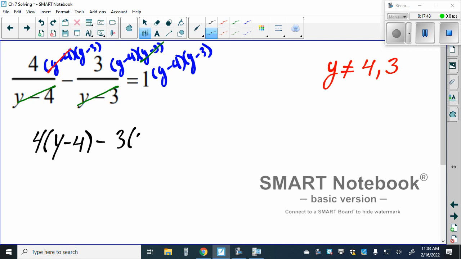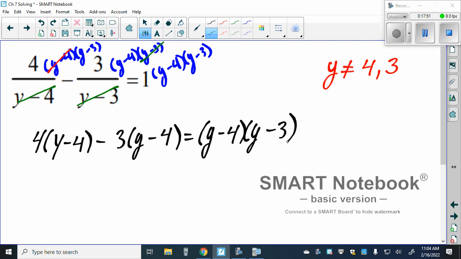Minus 3 times y minus 4 is equal to y minus 4 times y minus 3. Now on this one here, we need to be careful, especially if you went on and multiplied it out, because the middle set of terms is not going to be negative 3y minus 12.